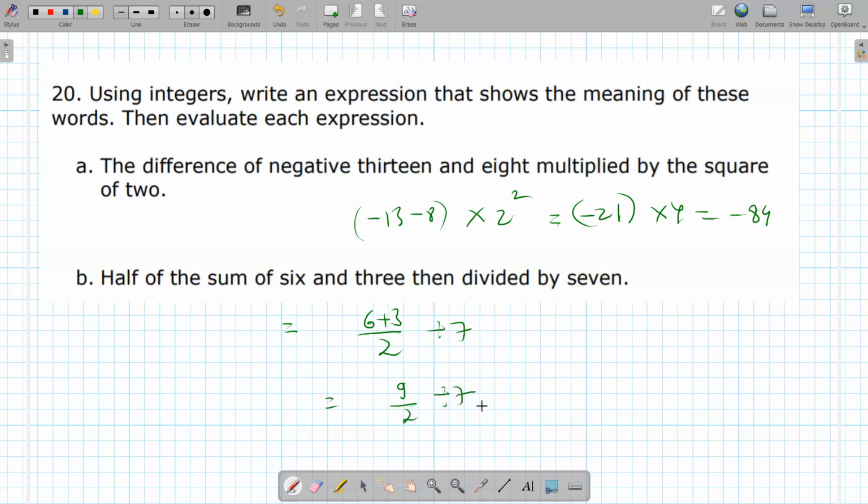I guess what we can do is, because these are not going to be nice numbers, we can just flip them, okay? 9 over 2 times 1 over 7. So whenever you're dividing, if it's not divisible, because there's an invisible denominator of 1, you can just flip the term.